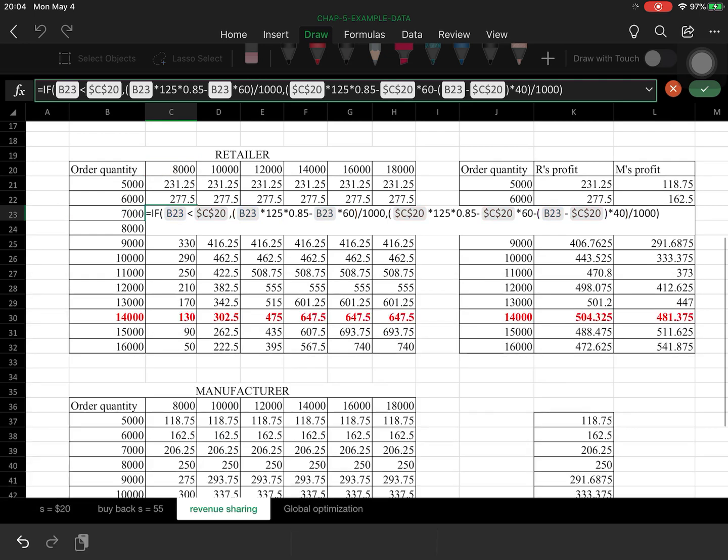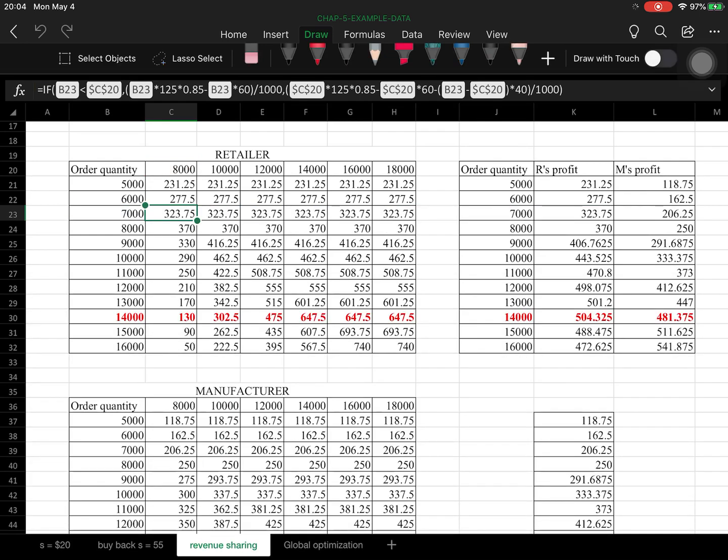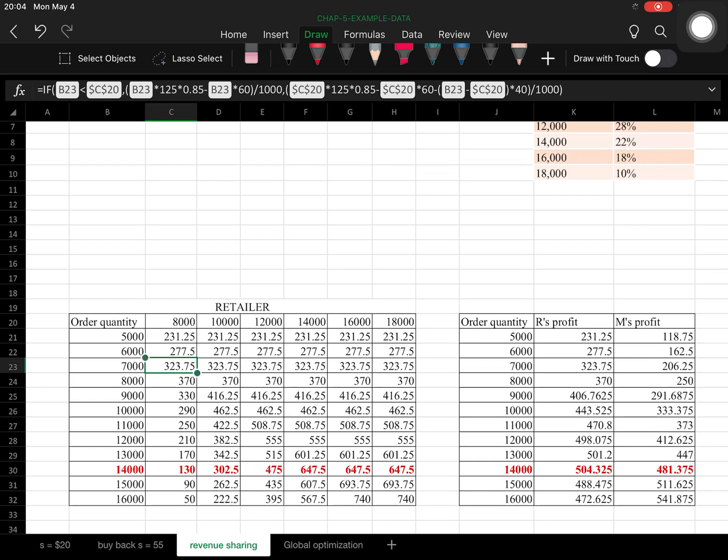Okay, let me write it down first so that it will be easier for you guys to catch up. So in the case of the retailer, if the order quantity is less than the demand, what is the profit of the retailer?